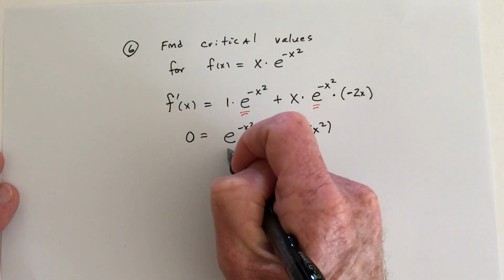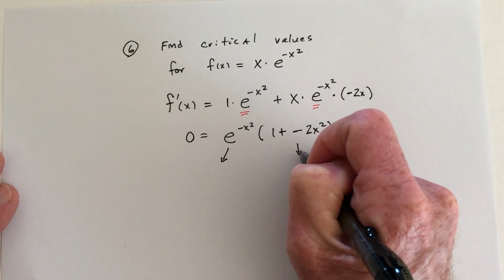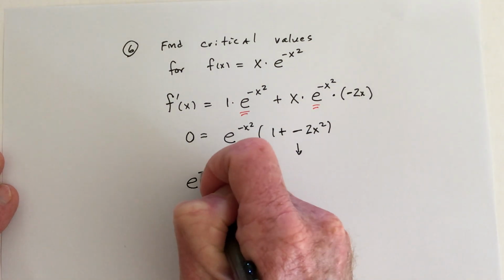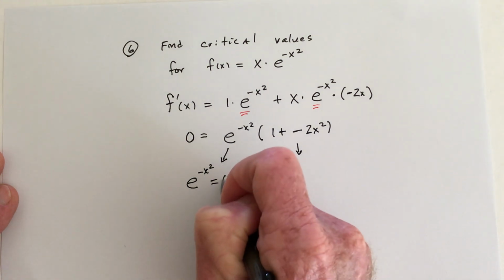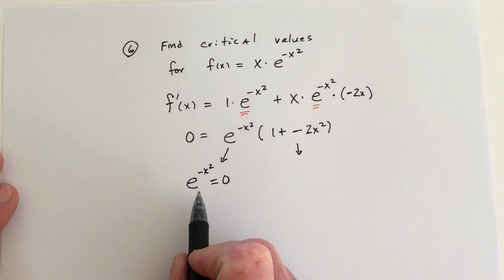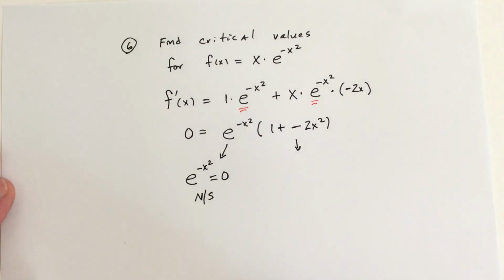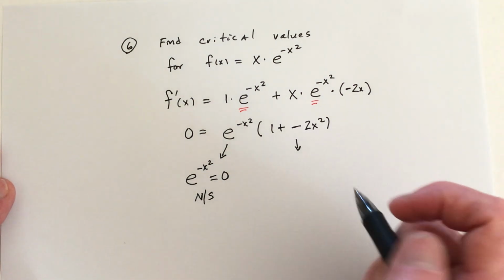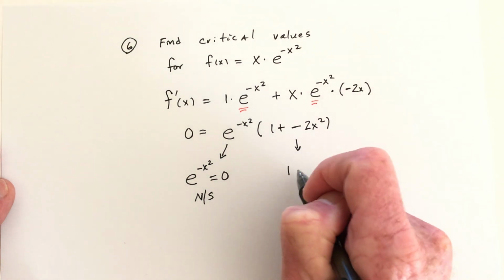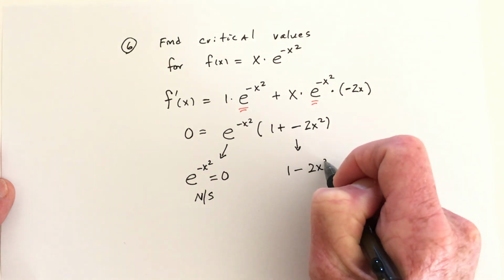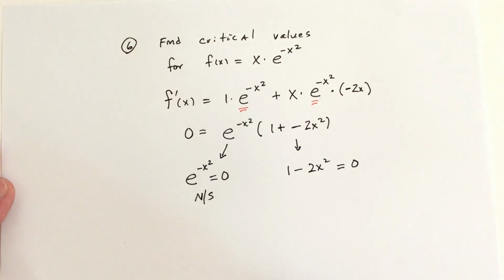Now technically what you're supposed to do is set each one of these equal to 0. But the thing is, the e function never equals 0, so this part has no solution. And then this will give us 2 solutions. So this really says 1 minus 2x squared, and you set it equal to 0.